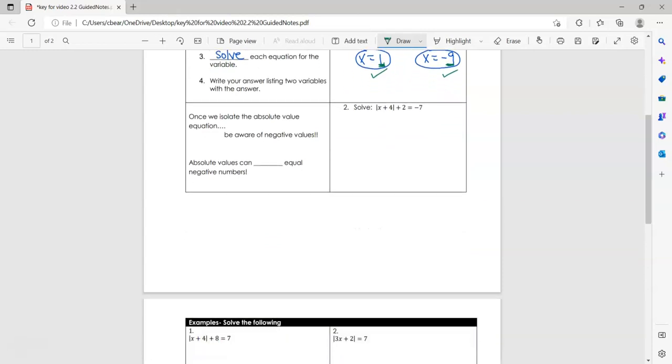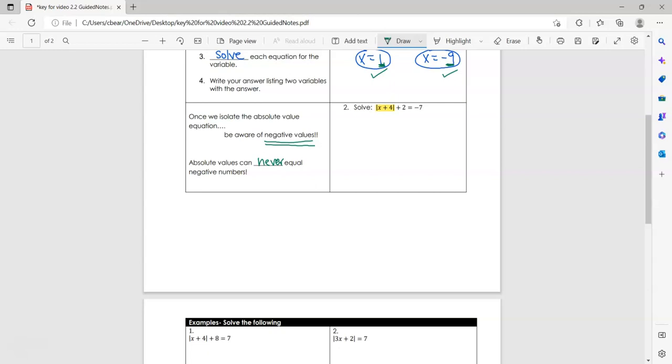Once we isolate the absolute value, beware of negative values. Okay. Absolute values can never equal negative numbers. So let's say I had this equation. Again, we see the x plus 4 in the absolute value. So that's the piece we're trying to get by itself.